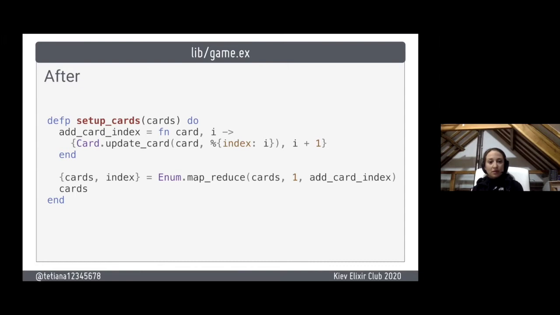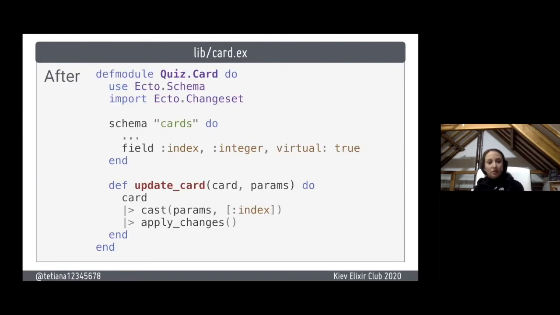So here we only needed to set it up once, and we don't have to manage it within the game state anymore. We don't want that index to be persisted in a database as it's quiz specific. So we set it up as a virtual field on a card schema. The benefit is that all fields to do with the card are within the card, so it's easy to read the code.